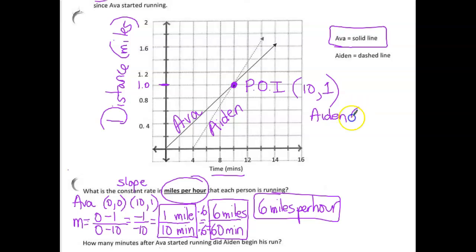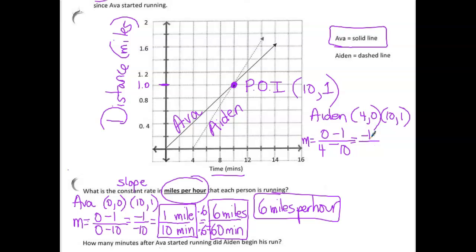Aiden has the ordered pairs (4, 0) and (10, 1). So I'm going to follow suit. I'm going to do the slope. When I do the slope, I'm going to subtract 0 minus 1 over 4 minus 10. In the numerator, I get negative 1.